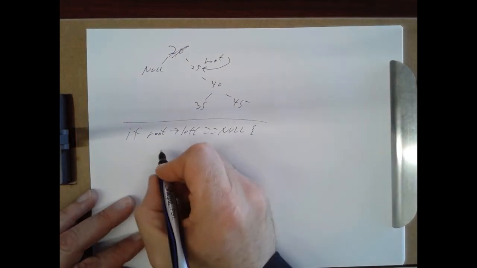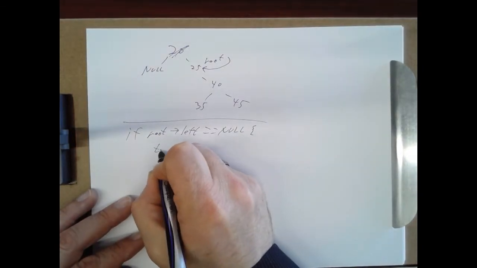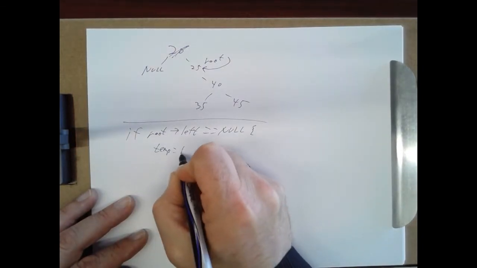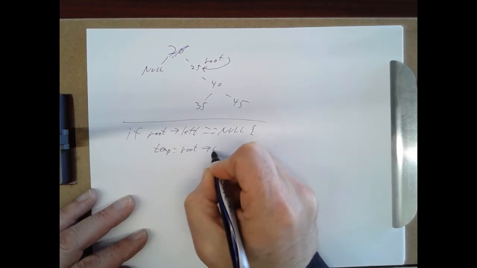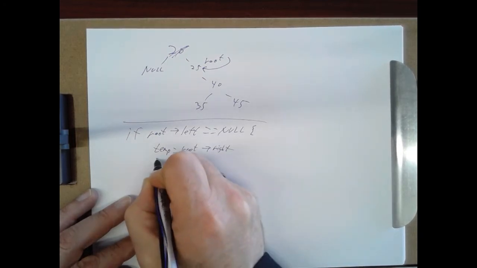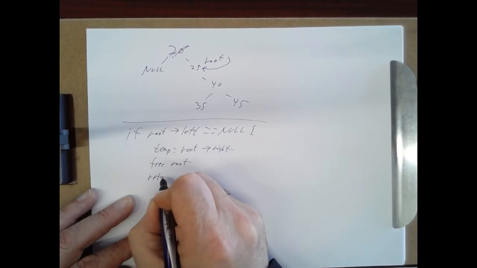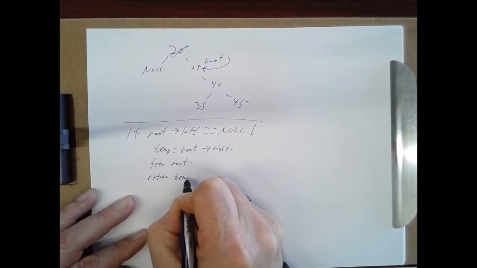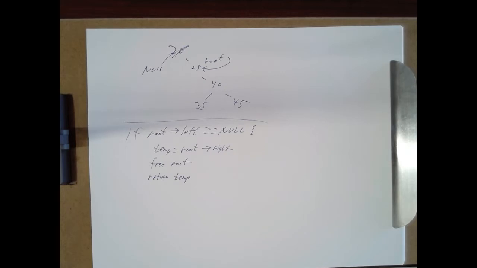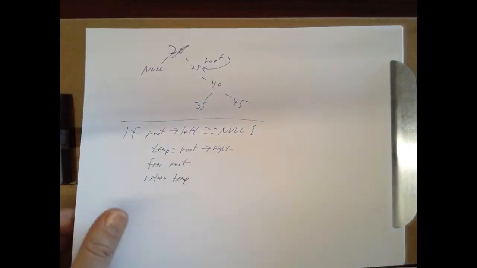So we can do something like temp equals root arrow right, free the root, and return temp. All right, so let's put this together.